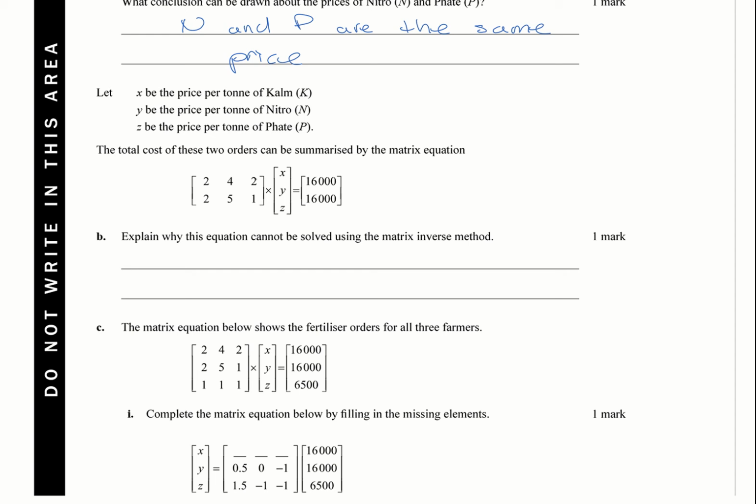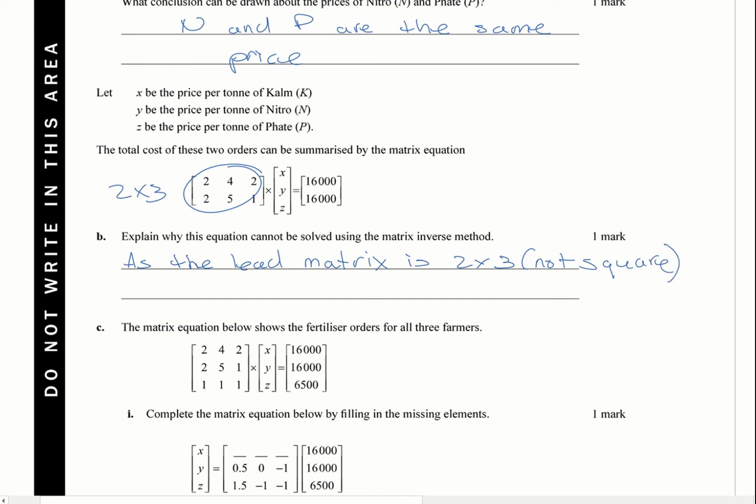This is a 2 by 3 matrix, so the lead matrix is 2 by 3, and therefore not square. Remember, it has to be square to do an inverse. It does not have an inverse.